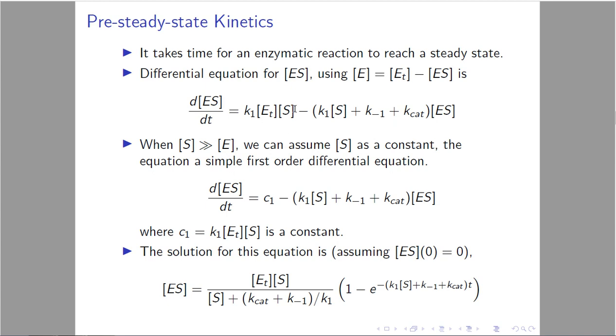So this becomes a constant, C1, equal to k1 S plus k_minus1 plus k_cat. These are constants, so this is just a first-order differential equation. Solving it, we get this equation.